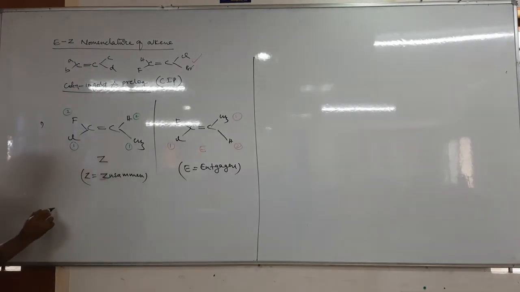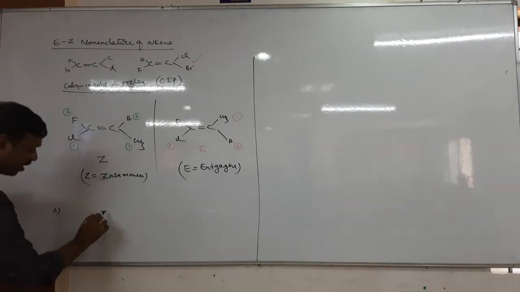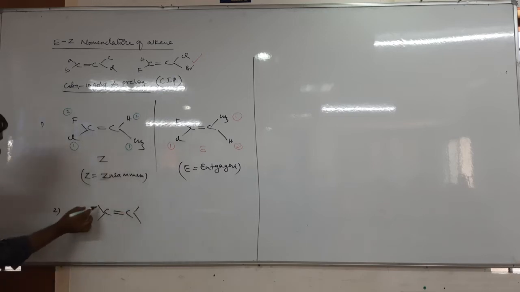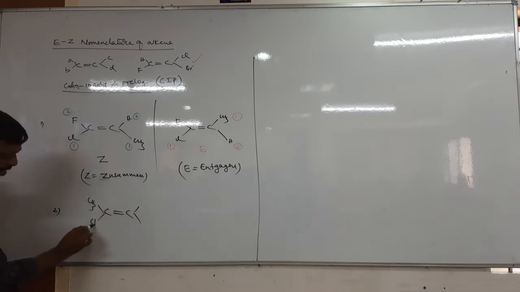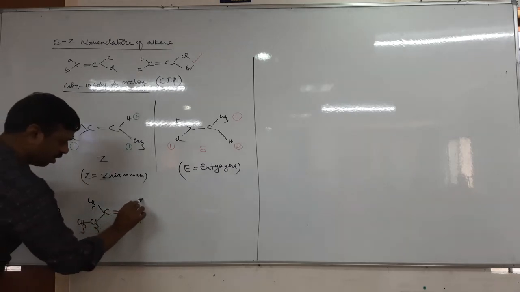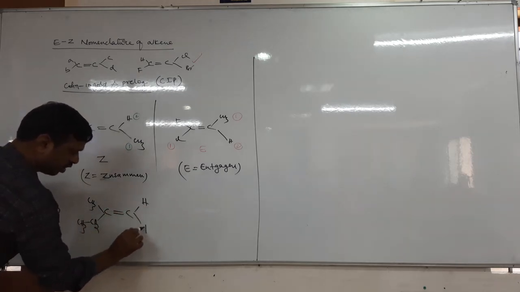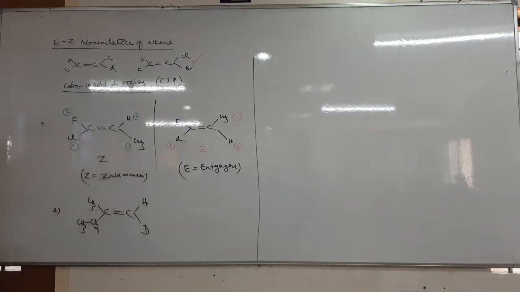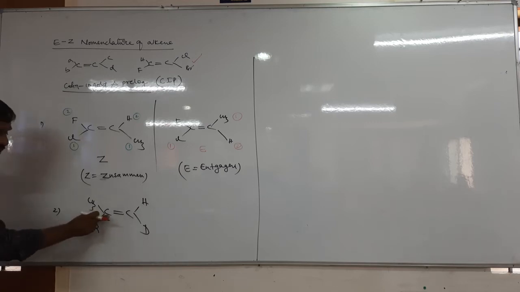The second rule explains again about giving the priority. Suppose the atoms present on the double bond carbon atoms are the same, like for example methyl and ethyl, with hydrogen here and deuterium here. The first rule is to identify the group and give the priority. While giving priority, we should see which group the double bonded carbon atom is attached to.